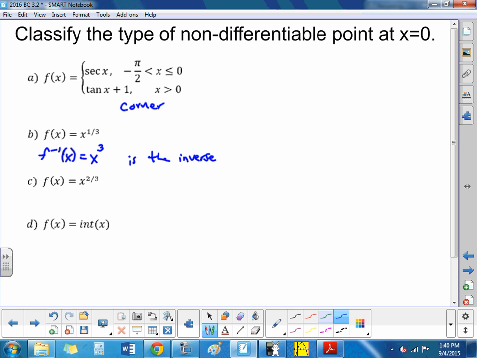So let's do that real quick. We all know how to graph x cubed. If you don't, you're definitely not in the right class. There's x cubed. And simply draw the y equals x line. Okay? And reflect the x cubed curve over the green line.